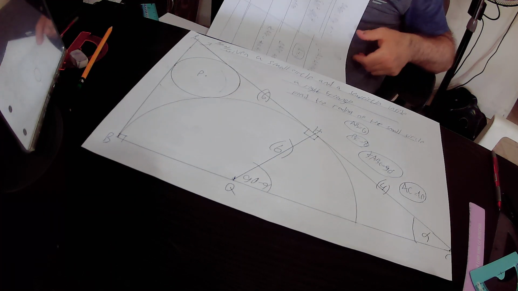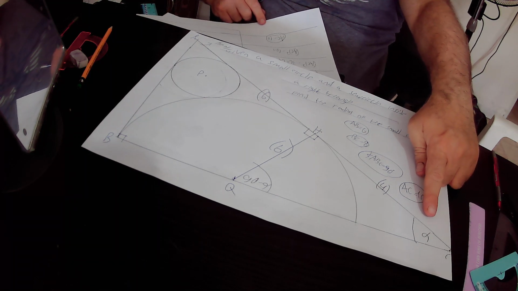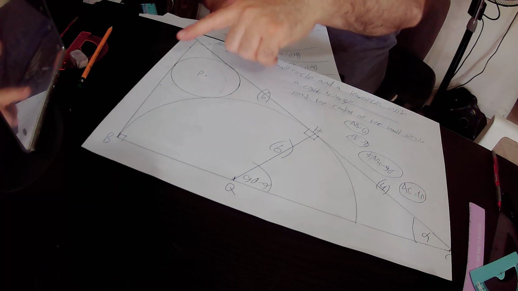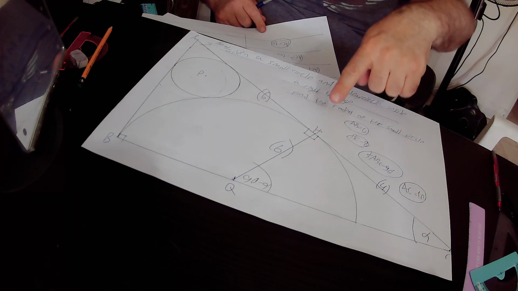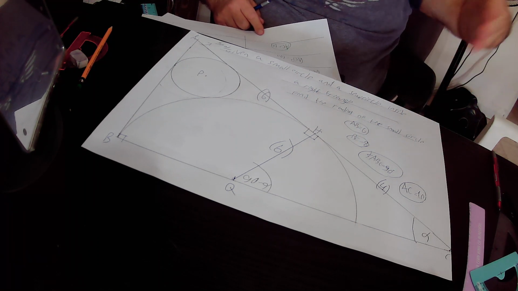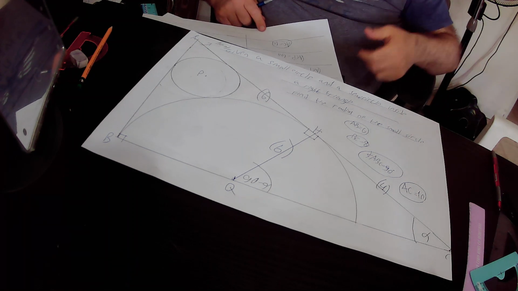In addition, as I already mentioned before, this is angle alpha, that is a common angle. It belongs both to the big right triangle ABC and it of course belongs also to the small right triangle HQC. So we can write down that angle alpha equals itself as a common angle that belongs to both triangles.